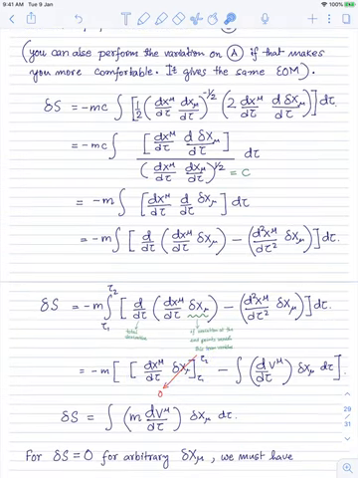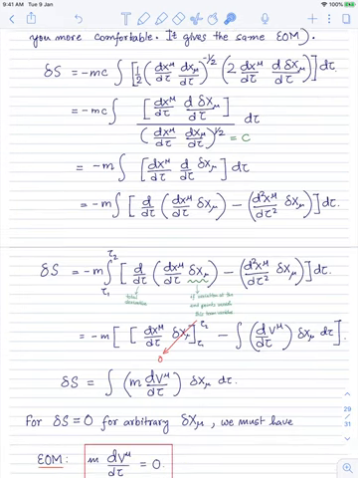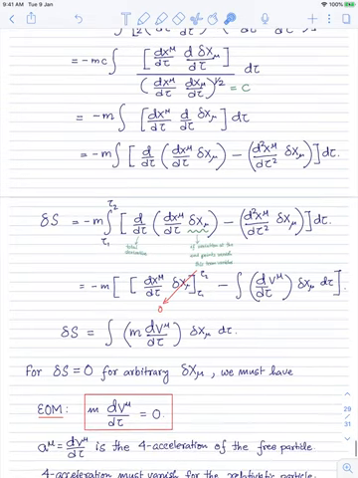At tau 1 and tau 2, if the variations vanish, this is 0, and then we are left with this expression. The first tau derivative is the 4-velocity, and the second tau derivative is the 4-acceleration, as we defined before. So this tells us that m times the 4-acceleration, d²x^μ/dτ², if we integrate it, is the variation of the action.